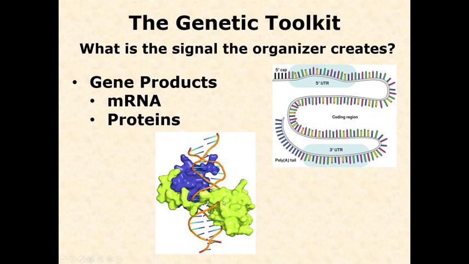So in blue and this kind of fluorescent green color here is a three-dimensional diagram of a Hox gene. Hox genes bind to DNA, and by doing so, they can activate genes or repress genes. So they change gene expression. That changes the fate of those cells in early development.